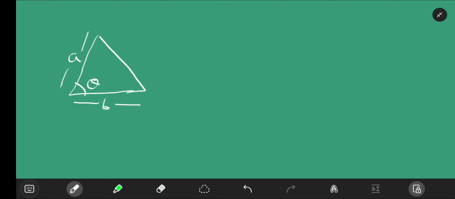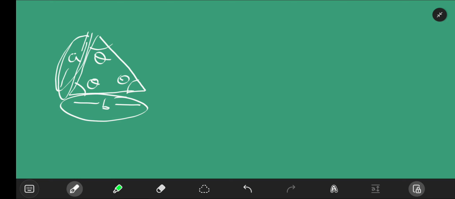Here suppose these two sides are given and this theta is given, then only this formula is applicable. Suppose these two lengths are given and this other angle is given, then this formula is not applicable.